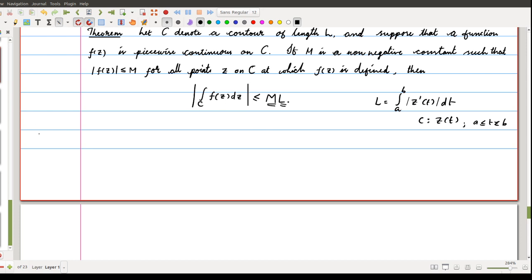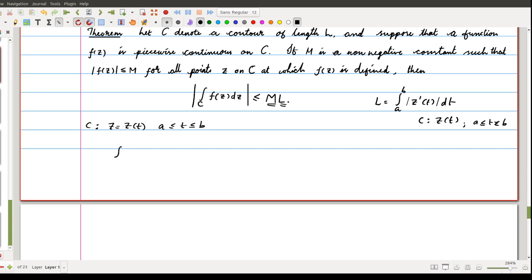To prove this, we let z equal z of t. We need to evaluate an integral over a contour, so we put z equal to z of t, a less than or equal to t less than or equal to b. This is the parametric representation of C, that is, the definition of the contour.